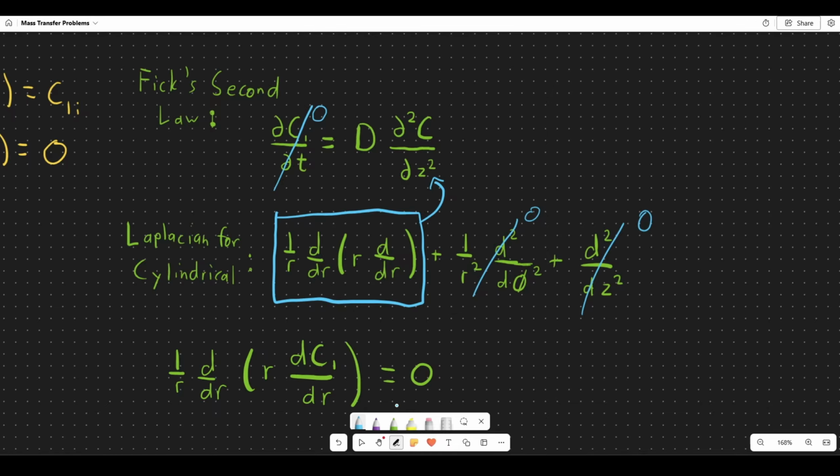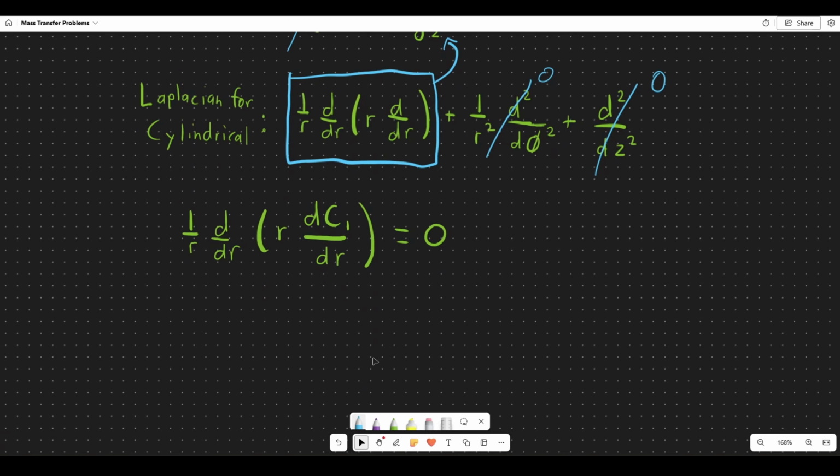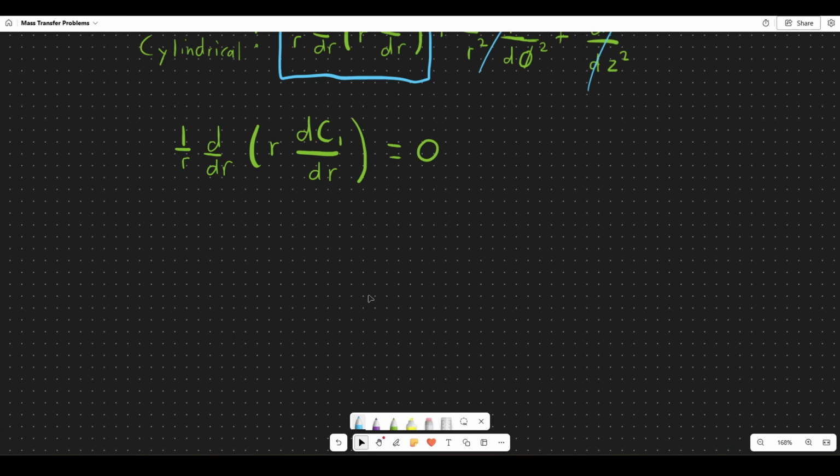So whenever you see spherical or cylindrical systems, you're going to want to identify which direction the mass is moving in, and use that derivative in order to calculate the mass transfer. And so this is how we got this equation. Perfect. So now all that's left is to start solving this.